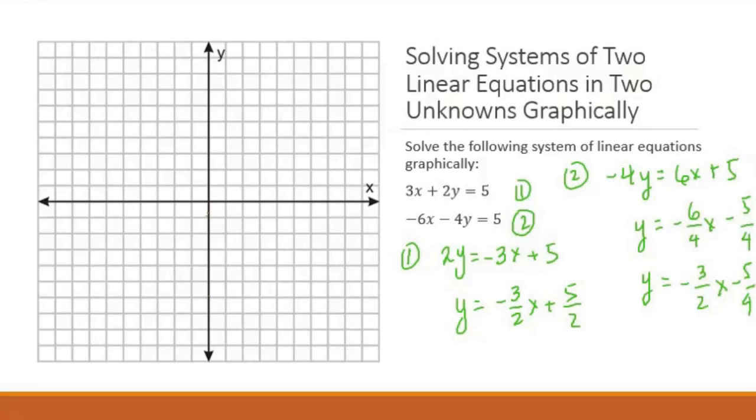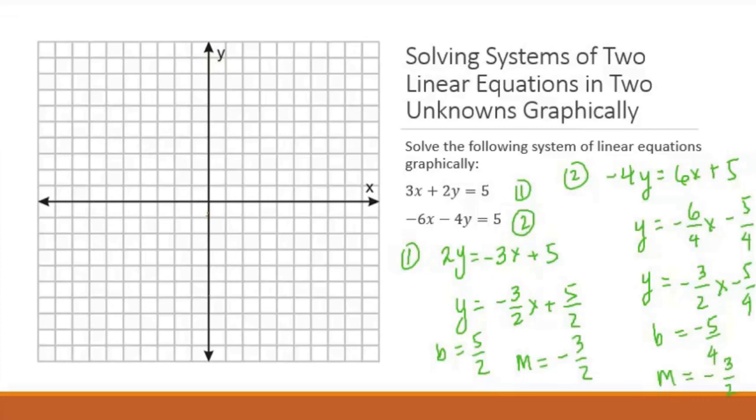Well, I find that while the y-intercepts are different, the y-intercept for equation 1 is 5 over 2, and the y-intercept for equation 2 is -5 over 4. So the y-intercept is where we cross the y-axis. The slope for both is -3 over 2. It's true for the first equation, and we see that it's the same in the second equation.